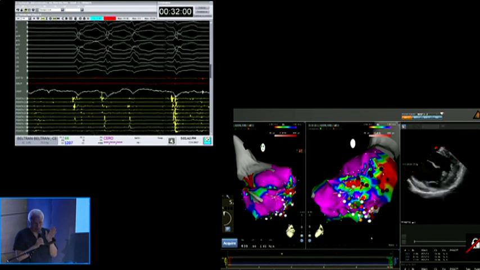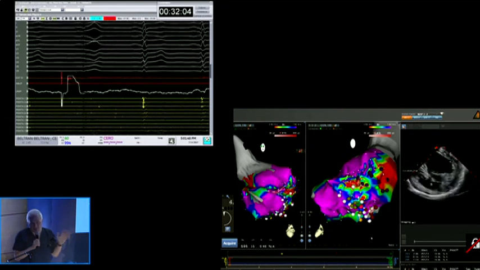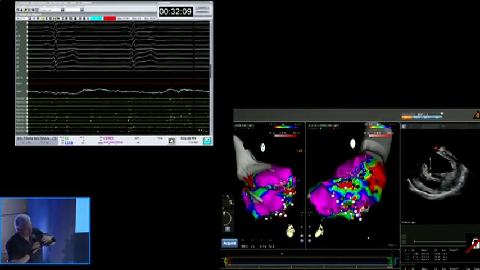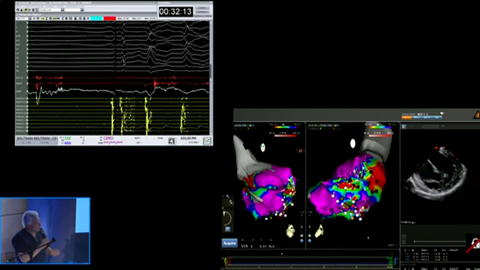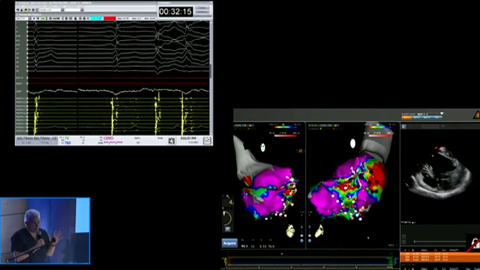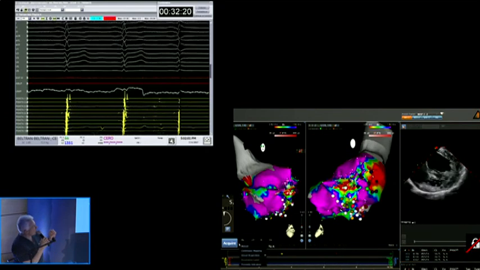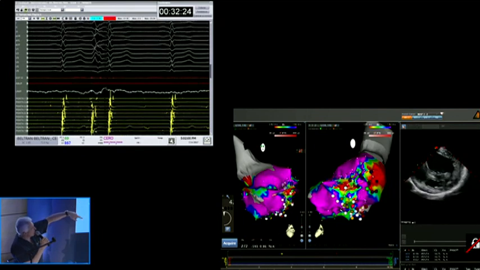Unless you are mapping an aneurysm, then it makes no difference. But if you have trabeculated tissue, the penta-ray might not show you all the recesses that you can go into with the ablation. But it gives you the abnormal recordings that you don't see with the single point, and you see much better with the penta-ray. This is all abnormal.